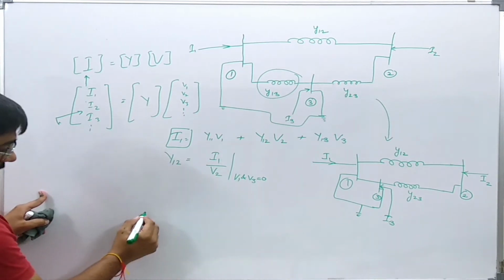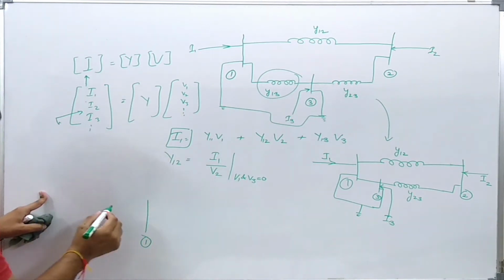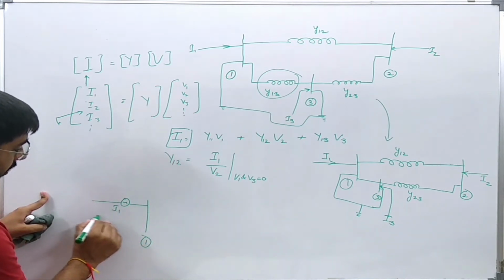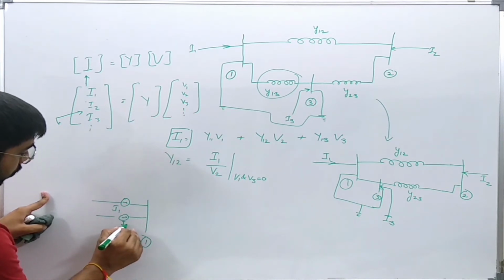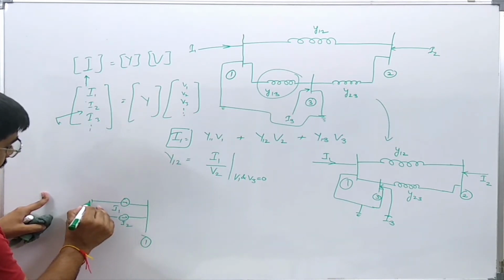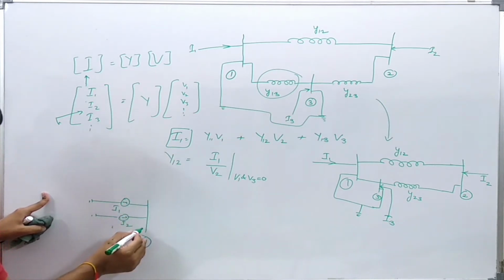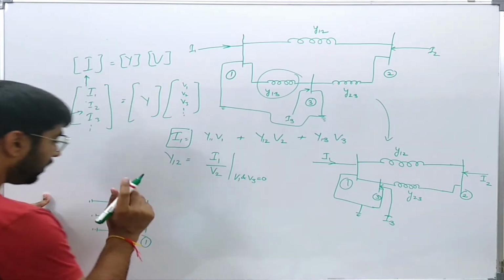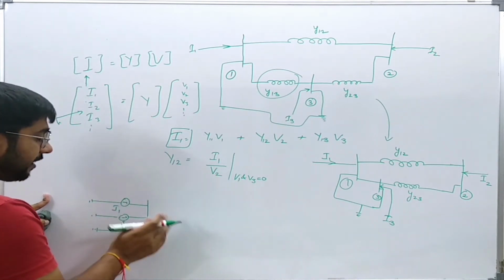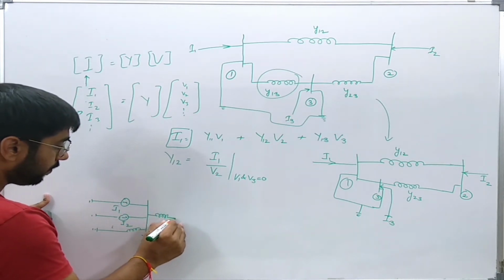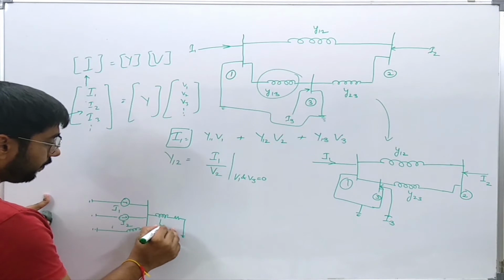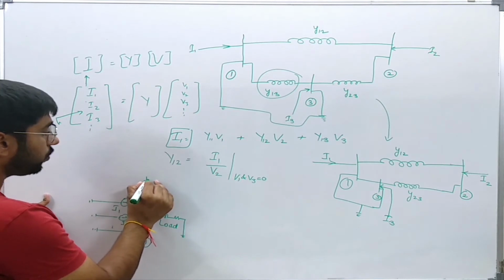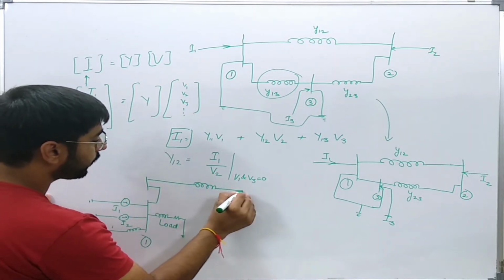Let us say this is bus 1 and it is having, let us say, various current sources I1, I2, and so on, and the reactances of these current sources, let us say, are shown like this. Now let us say this bus is also having some load. And this bus is connected to the transmission network like this.